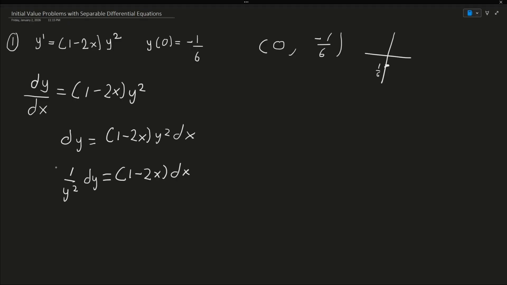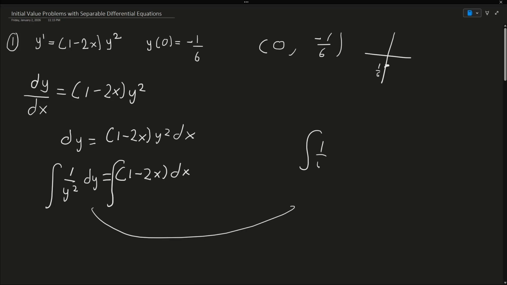Very nice. Now that we have this, we can integrate both sides. Integrating this side, treat the integral of 1/y squared as the integral of y to the -2nd power.